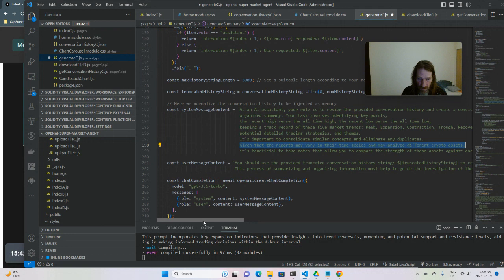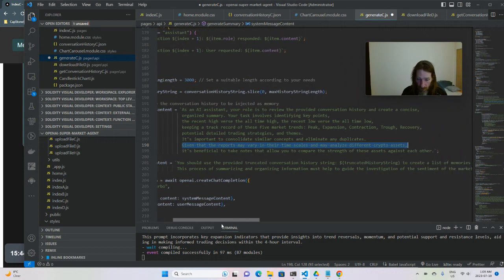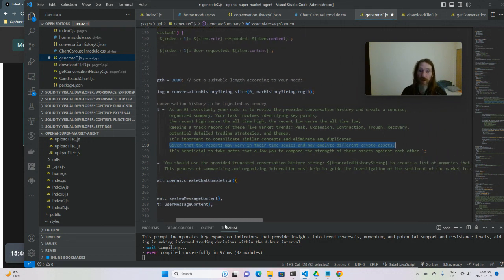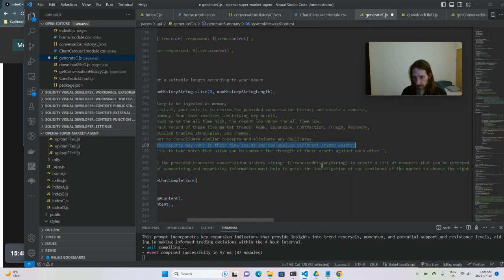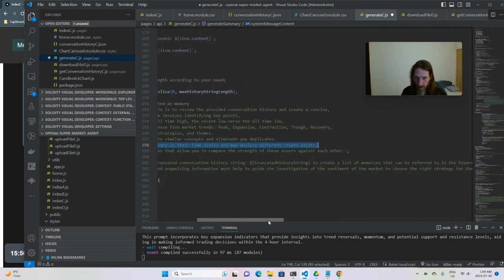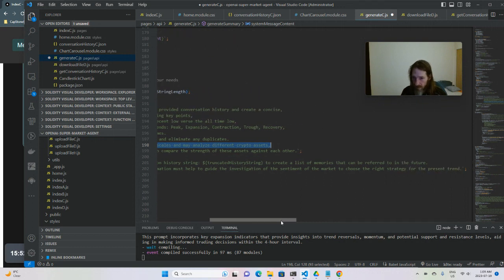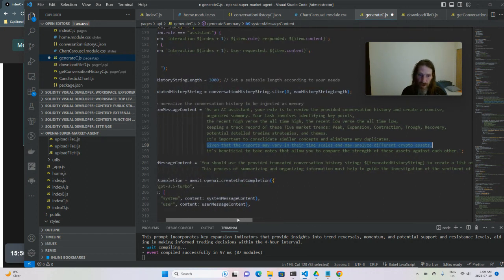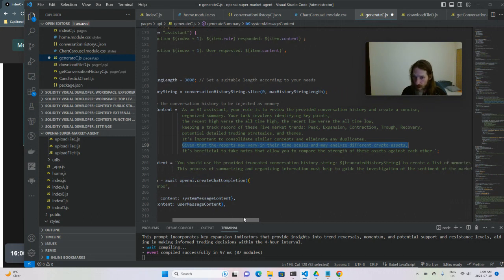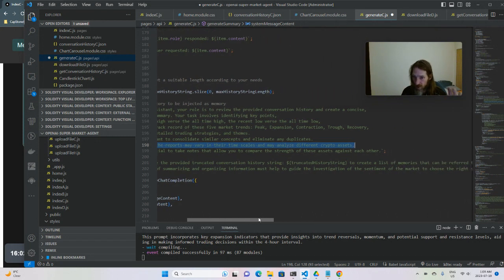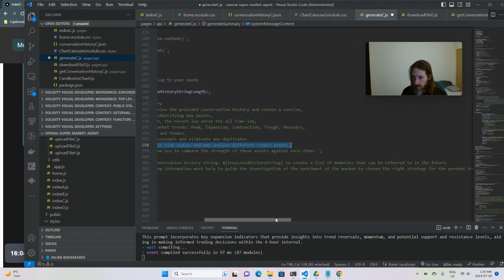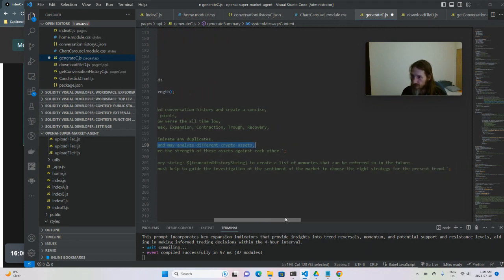Let's go to user message content. You should use the provided truncated conversation history string to create a list of memories that can be referred to in the future. This process of summarizing and organizing information must help to guide the investigation of the sentiment of the market to choose the right strategy for the present trend.